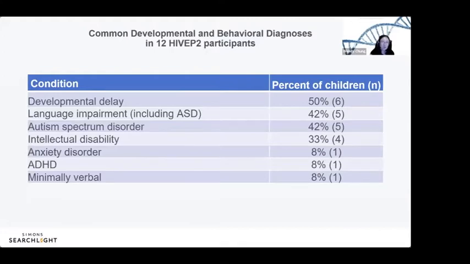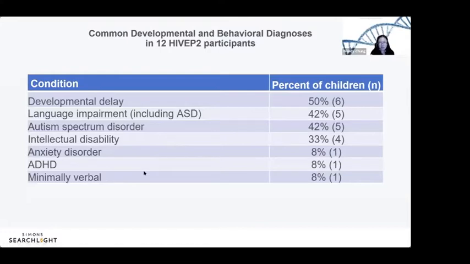So whether it's developmental delay or intellectual disability, we're seeing that the majority of individuals have issues like that. For some individuals, they are having problems in terms of language very specifically, either language impairment or being minimally verbal. Those are very similar, related things.